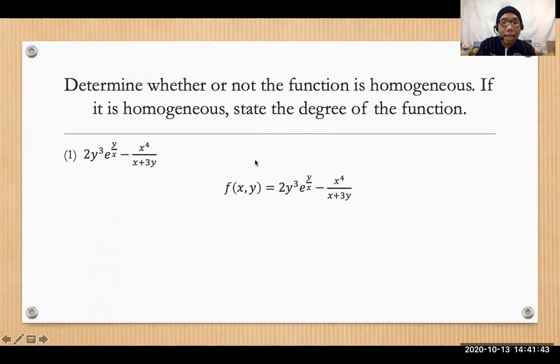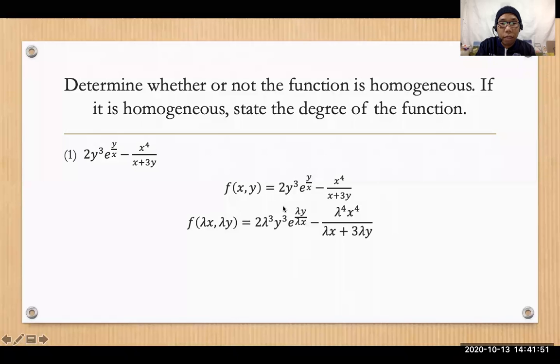What we will do here is replace x by lambda x and y by lambda y. So we write first our first term here. You just copy 2, and y will be replaced by lambda y and raised to the power 3. So this becomes lambda cubed times y cubed.